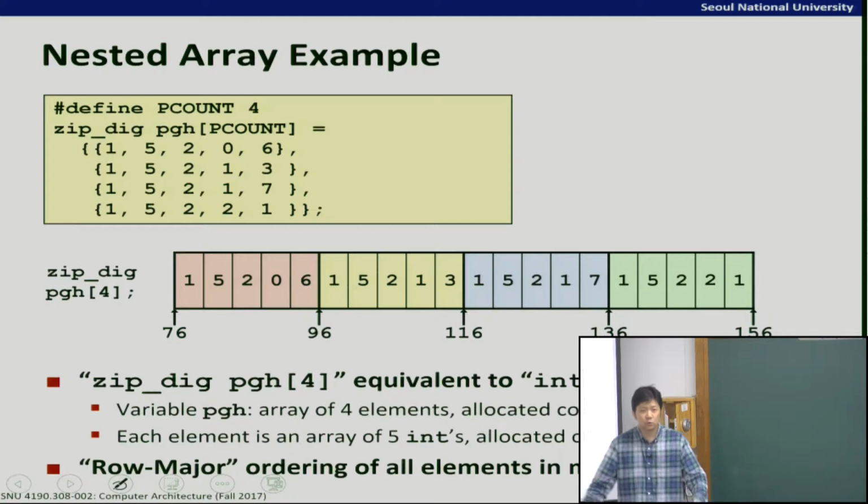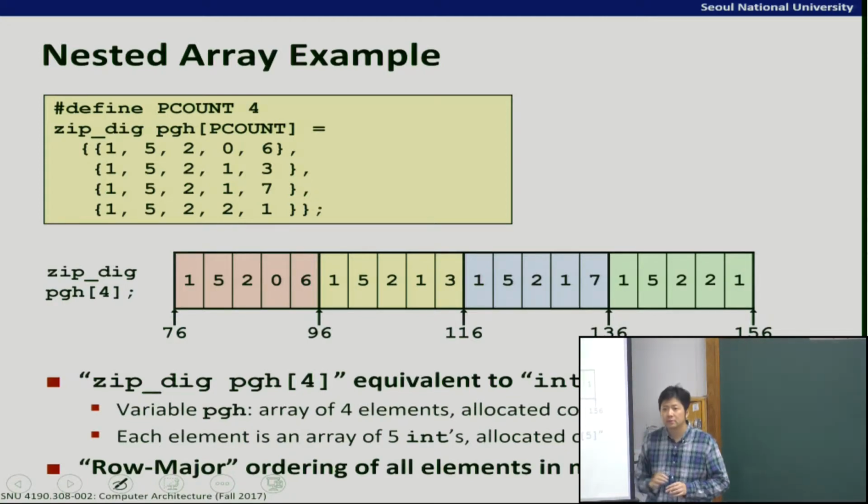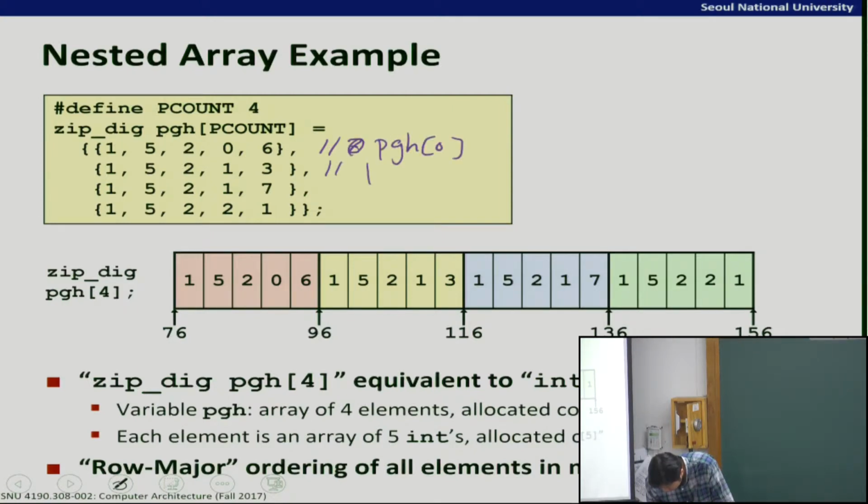So you can store multiple zip codes, and basically this one is PGH0, this one will be PGH1, this one will be PGH2, and this one will be PGH3.